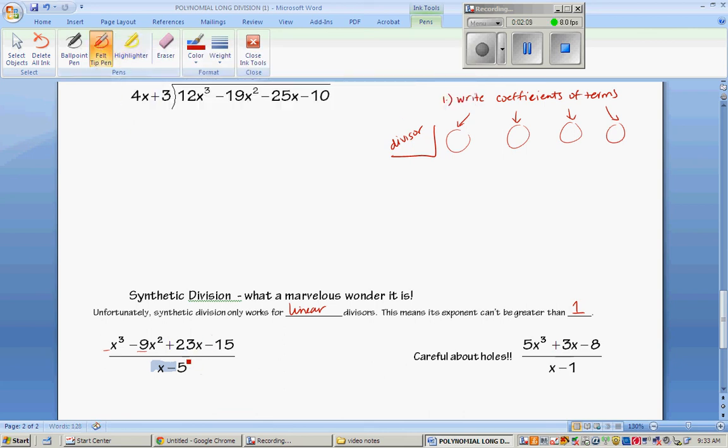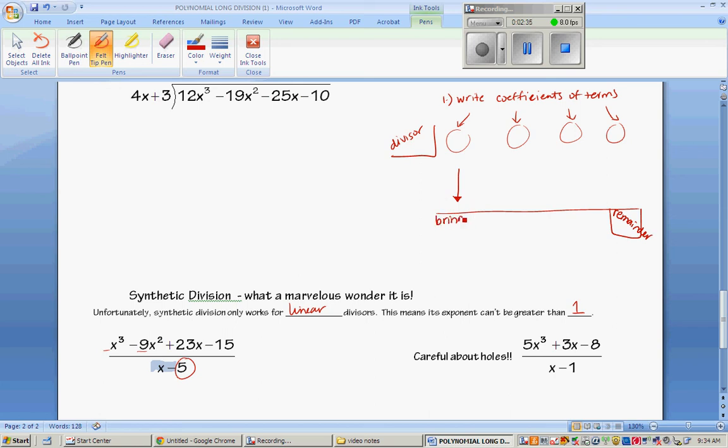And so you would only put a 5 in, not a -5. It's basically the opposite of what you want to write. We're going to put in a little line for adding. This is a remainder box, so let's just write that in there before we forget about it. You're going to always bring down the first term.